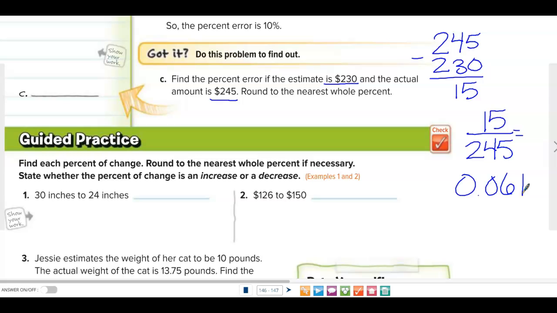So how do I change this to a percent? Good. And could you round that for me? Good. So that is the answer for got it, C.